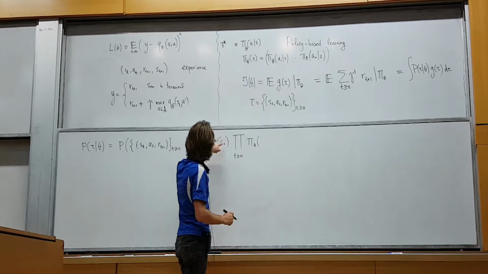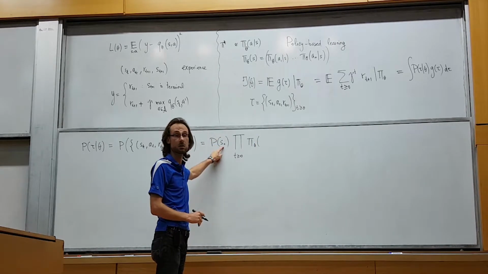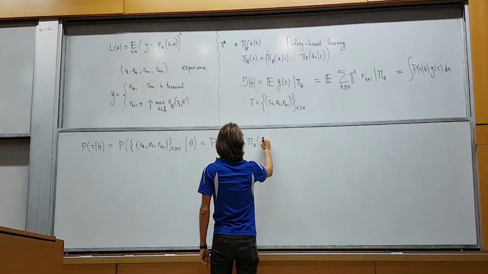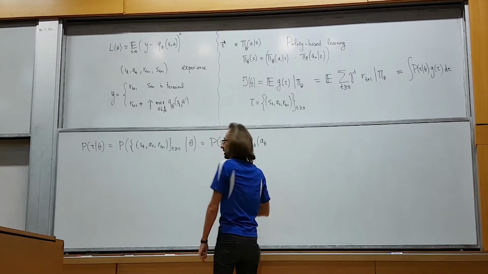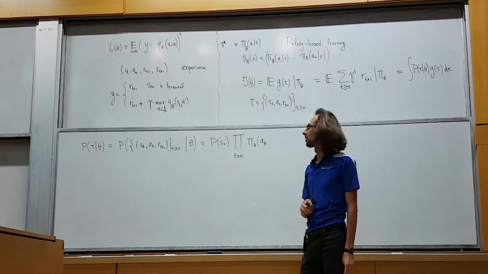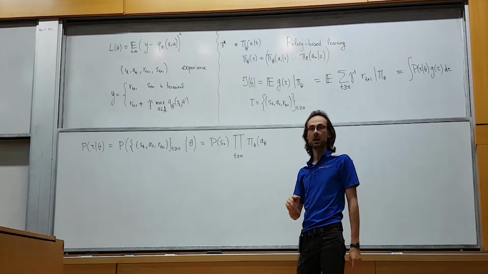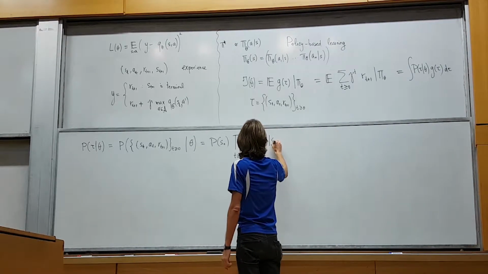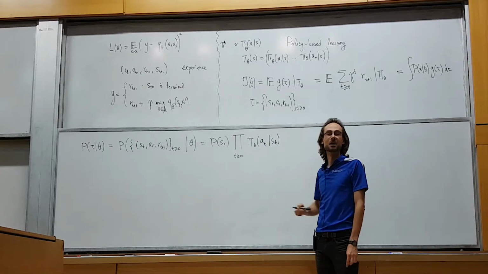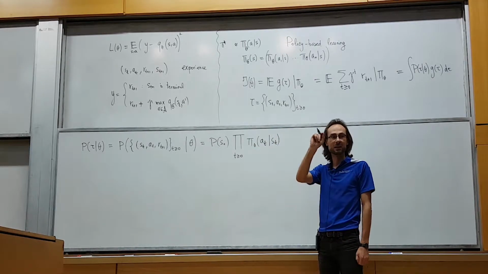So I start with state S0. Now the probability of taking an action A0 given S0. Again, I'm starting at S0.